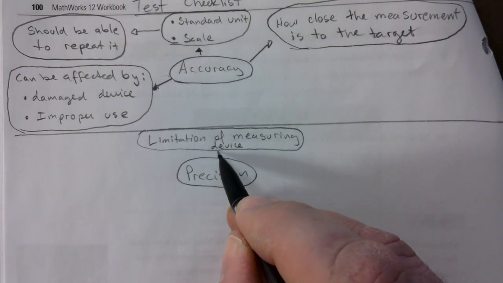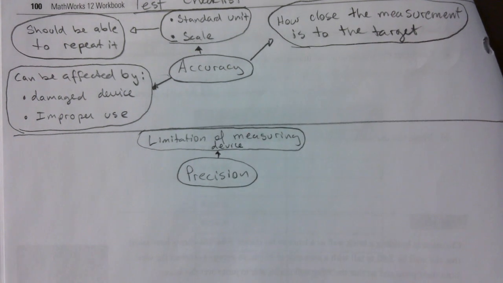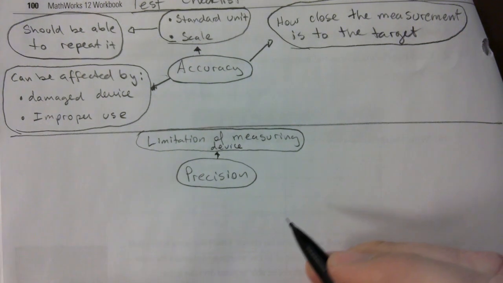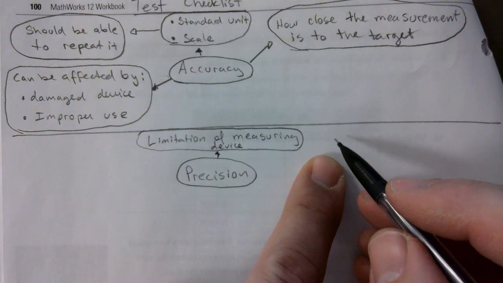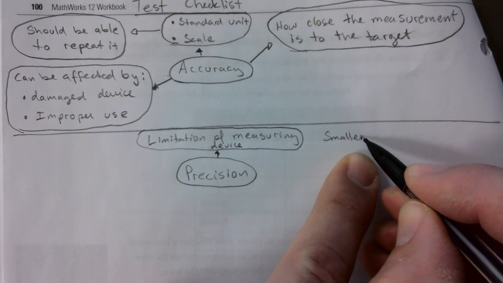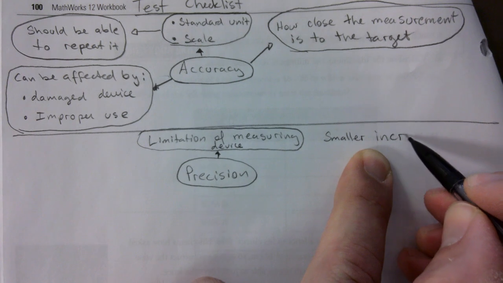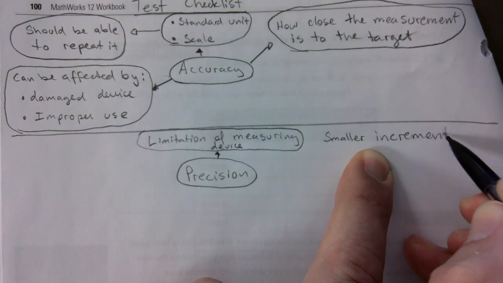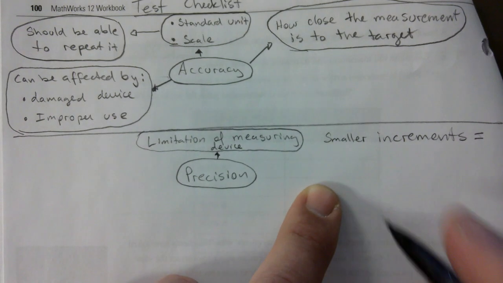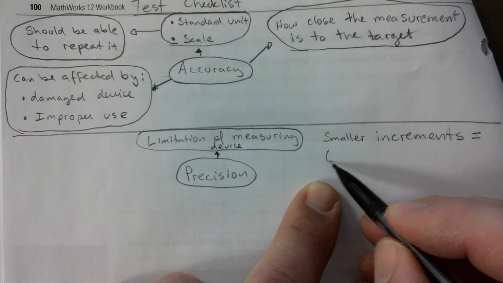So I will go arrow up and just say that precision is really the limitation of my measuring device. On the side here, I will say that smaller increments will equal a greater precision.